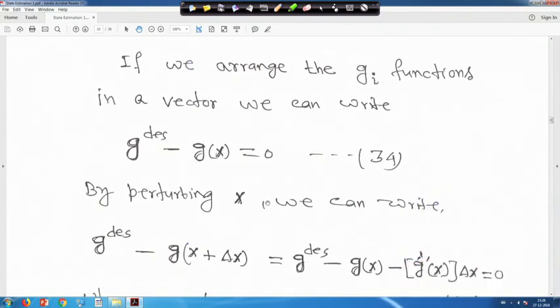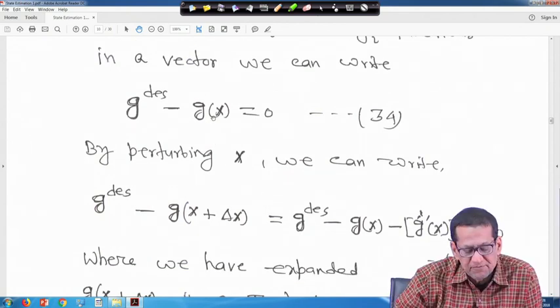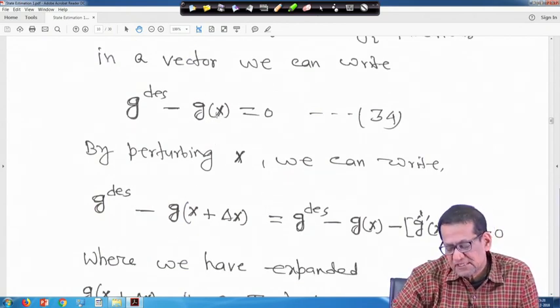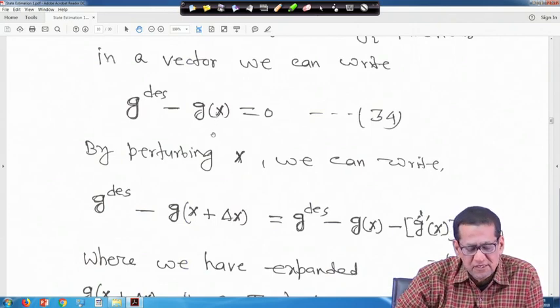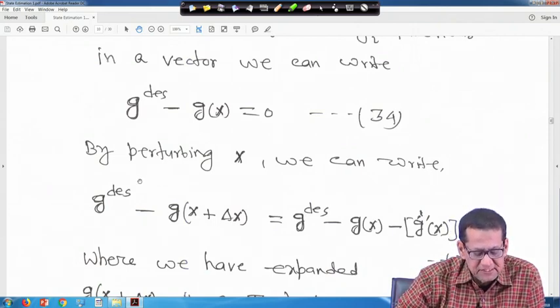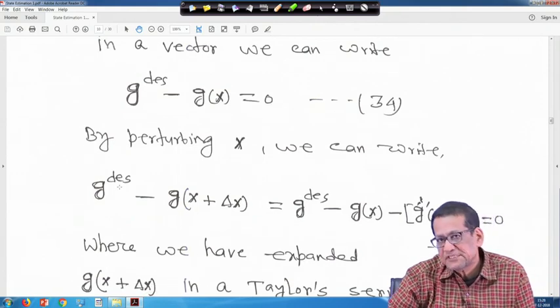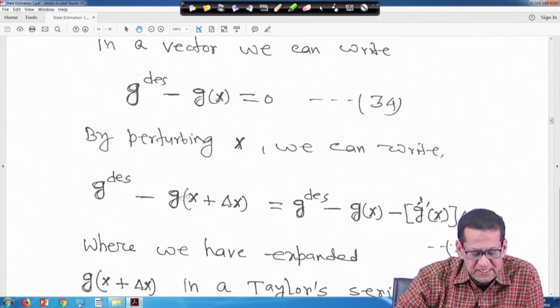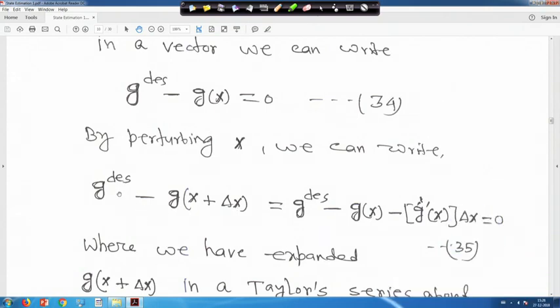So by perturbing x, say from some initial value x0, g desired is specified, we know that, minus g of x plus delta x.